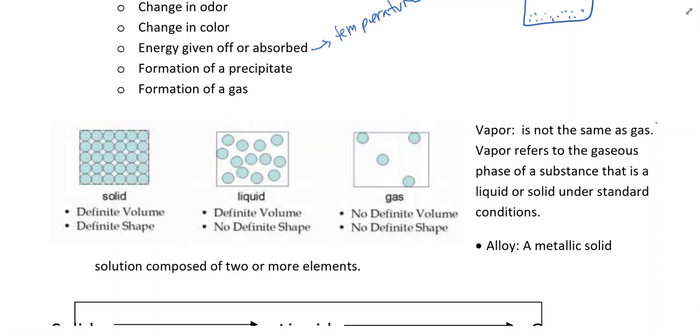And also an alloy is a metallic solid solution composed of two or more elements. So an alloy is often used in various applications. So something like stainless steel is considered an alloy because it's a mixture of various elements to give certain properties that are needed for stainless steel.